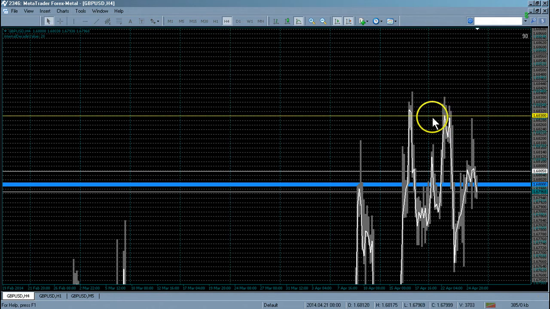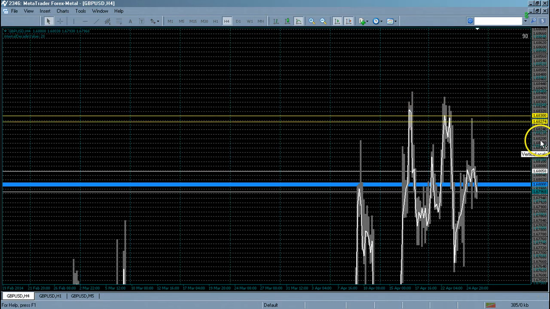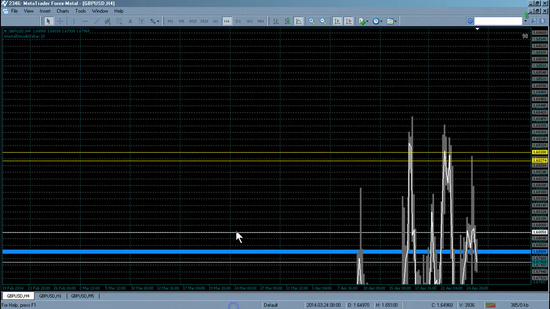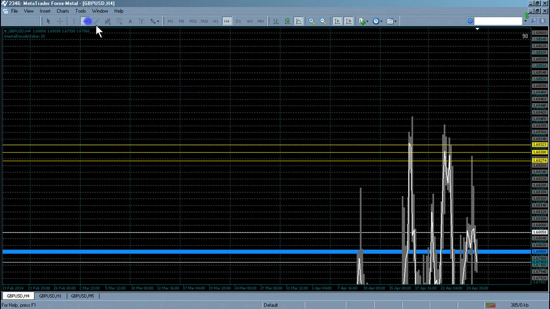You want to sell right on that thing. Well, you didn't get filled on that one. But if you're putting in a 2 pip grid, you're selling there, and the idea that you're going to pick the exact price, you're nuts.